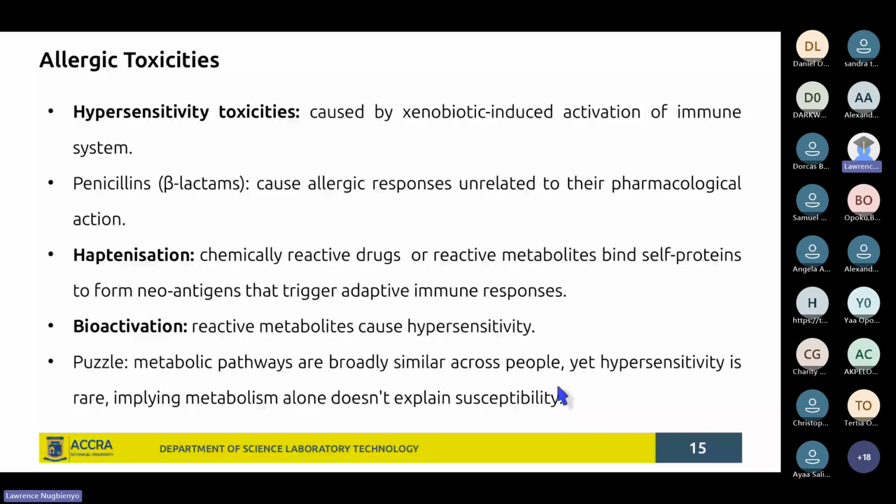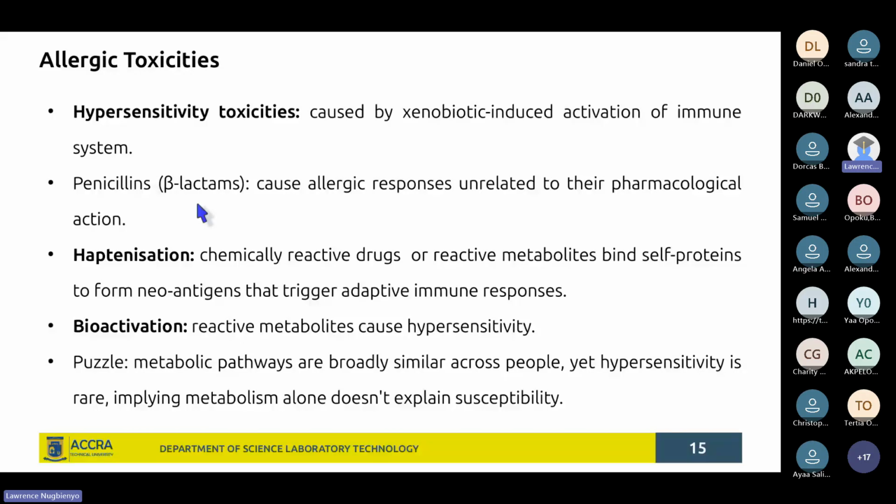And you can have such hypersensitivity toxicities being caused by some drugs, medications like penicillin. Penicillin and all of these drugs in the class referred to as the beta lactams, let's say the penicillin class of antibiotics, like amoxicillin, amoxiclav, clavulanic acid, all of these are beta lactams, which are known to cause some allergic responses in some individuals.